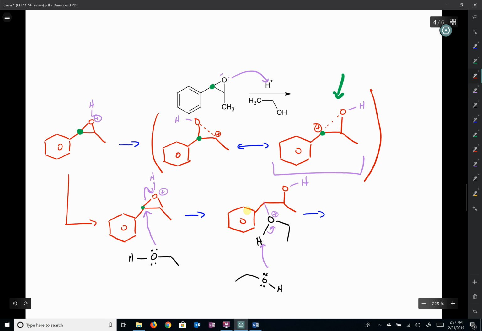And so our final product is a ring opening where we form an ether and an alcohol next to each other. Great, there it is. And just to track along, there's my green carbon there. So remember, ring opening, we're going to hit wherever the most stable positive can get formed.